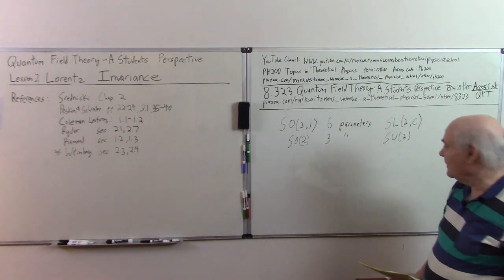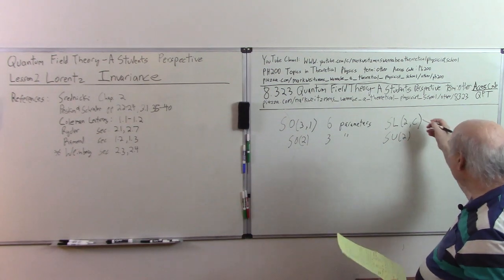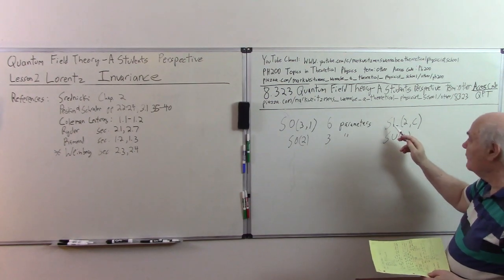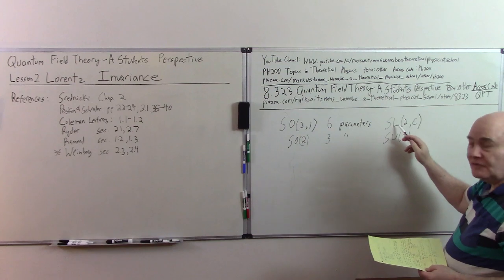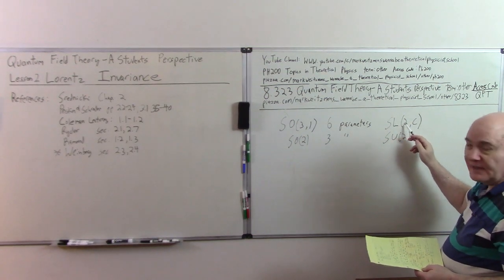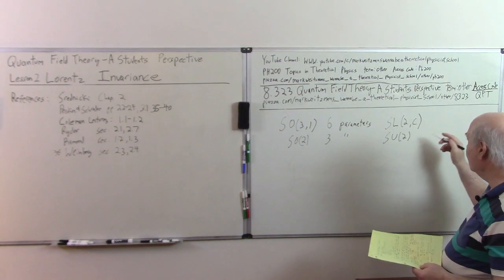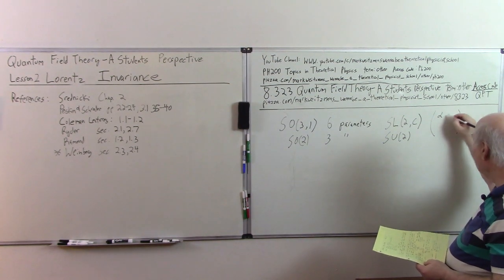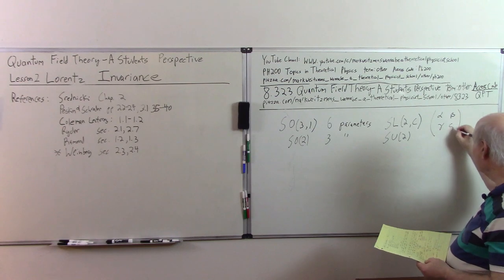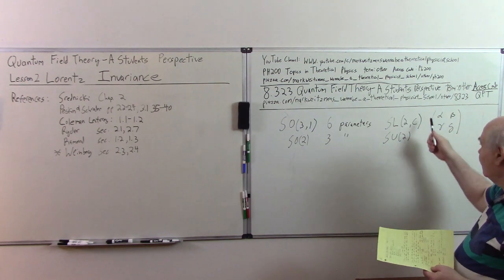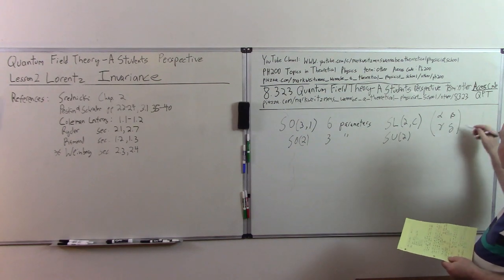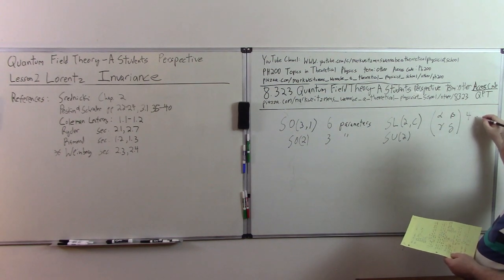I won't cover it today, but take something like SL(2,C). What does this mean? S always means special, it means the determinant is 1. L means linear, 2 means 2-dimensional, and C means complex numbers. So basically, it's just a matrix, alpha, beta, gamma, delta. Now, how many parameters does a general SL(2,C) matrix have? Well, each of these is a complex number, so it's 4 times 2 equals 8.